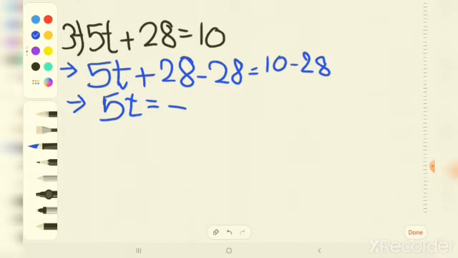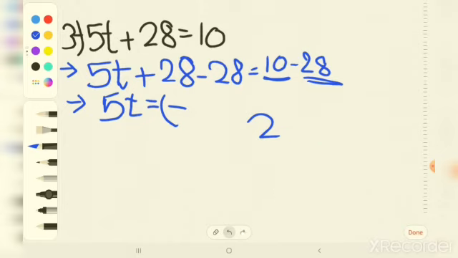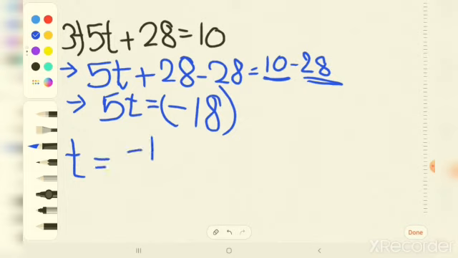The answer will be negative because 10 is smaller than 28. 28 minus 10 is 18. So the answer will be minus 18. That means 5t equals minus 18. Now t equals minus 18 divided by 5.